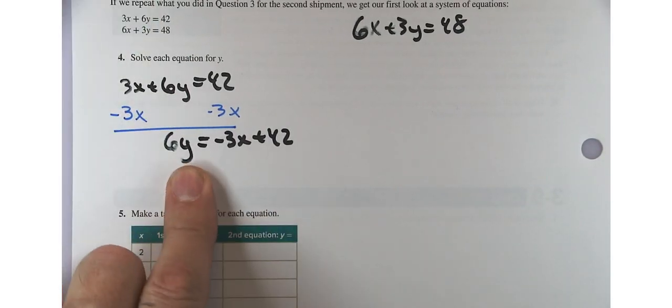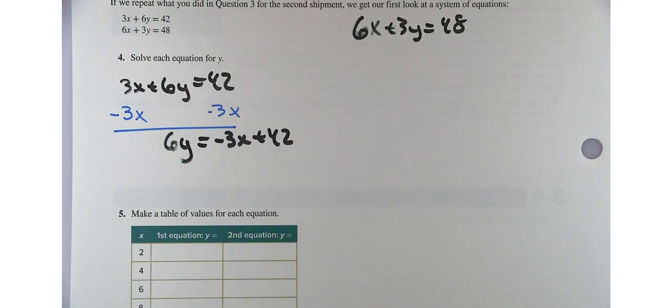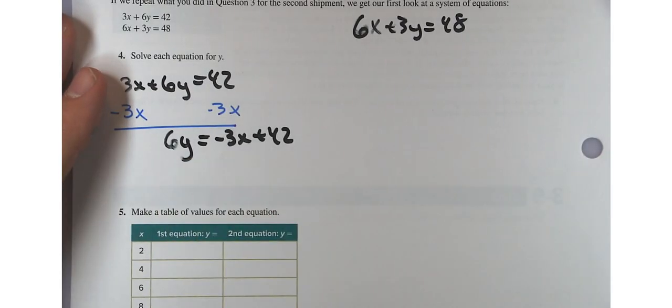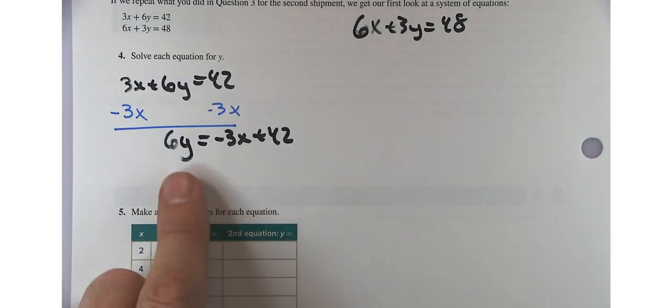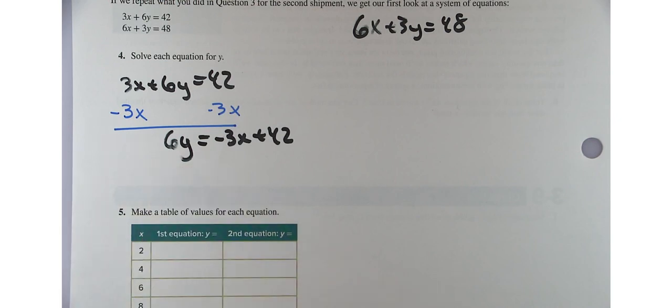There's one last step I need to do to get y by itself. What is that last step here? When you're looking at this, ask, what's happening to the y? y is being multiplied by 6. What's the opposite operation of multiplying by 6? Divide by 6. So we're going to divide everything through by 6.